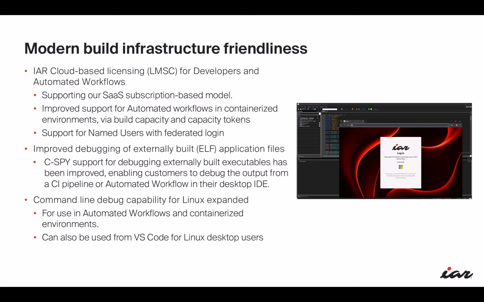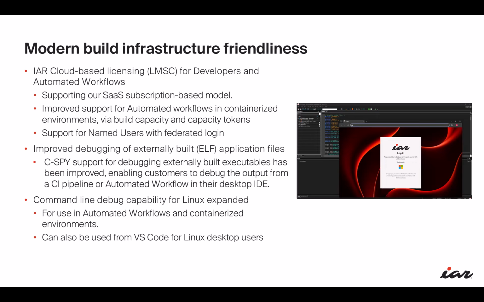There's improved support for automated workflows in containerized environments via build capacity and capacity tokens. And finally, we have support for named users with federated login. So currently you can use your Microsoft account to log in to our tools. This is to make it easier for developers to access our tools anywhere.